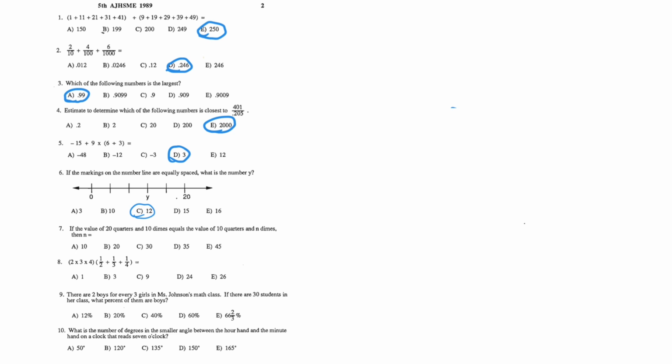Number 7. If the value of 20 quarters and 10 dimes equals the value of 10 quarters and n dimes, then n equals? 20 quarters, that's 20 times 25. And 10 dimes, a dime is 10 cents, equals the value of 10 quarters, 10 times 25 cents, and plus n dimes.